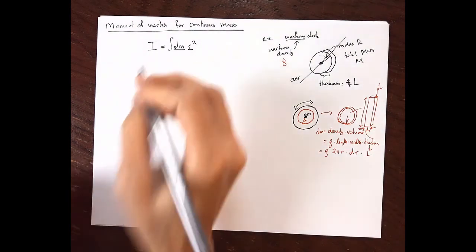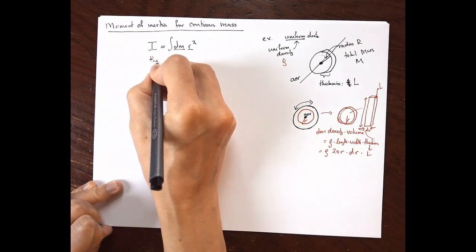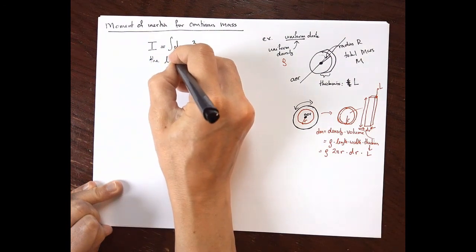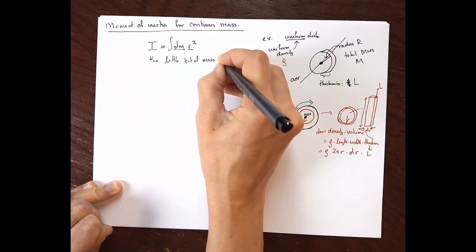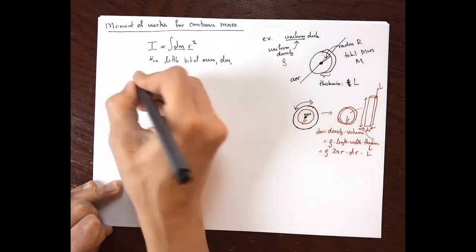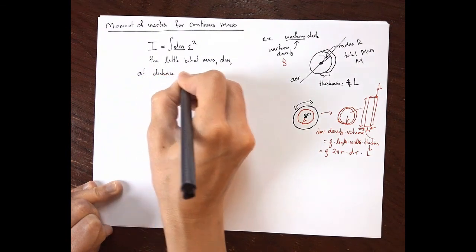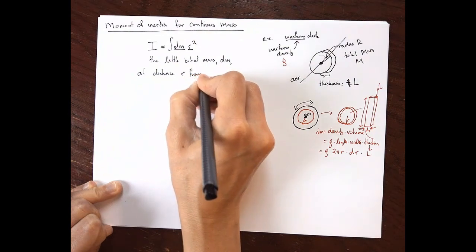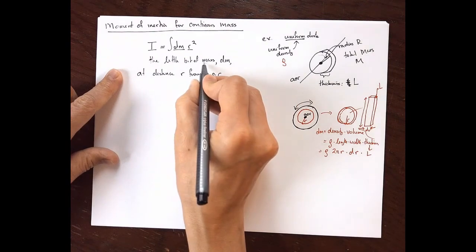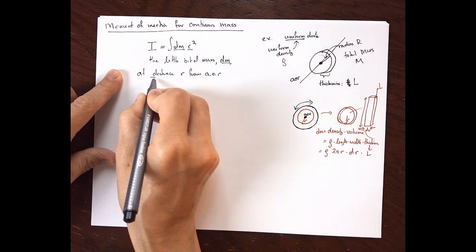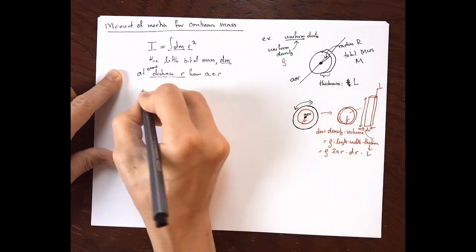Okay, so we'll write this up here. A little bit of mass dm at distance r from the axis of rotation. And that's the really important bit. It has to be the bit of mass that's all at the same distance r from the axis of rotation.